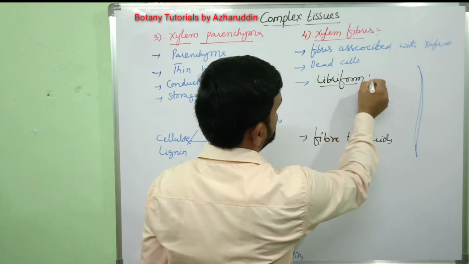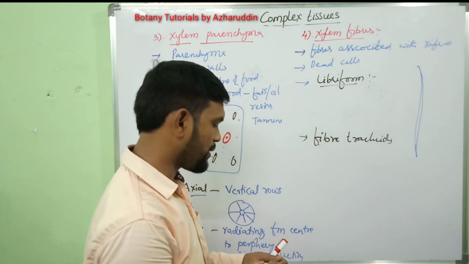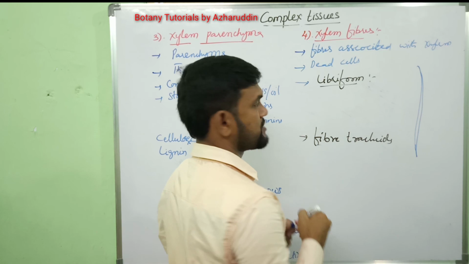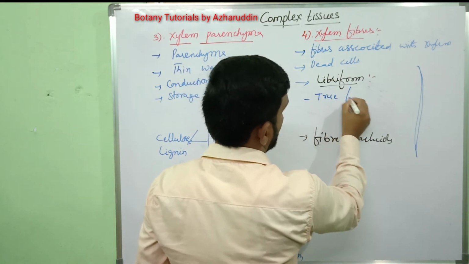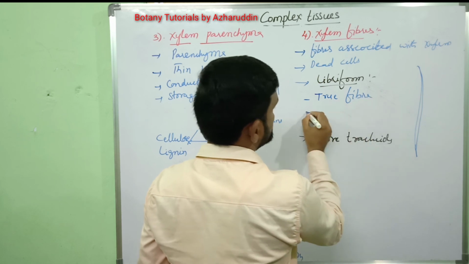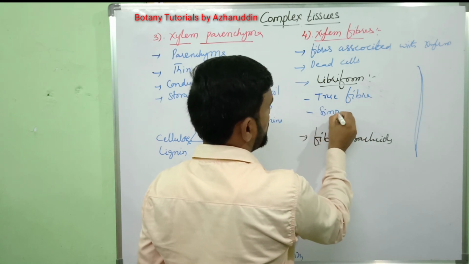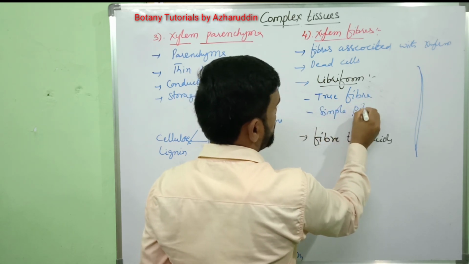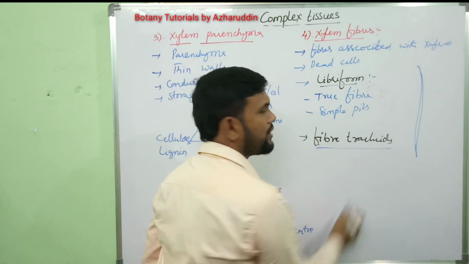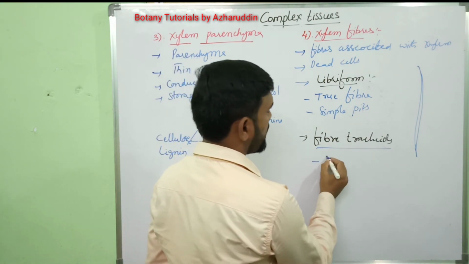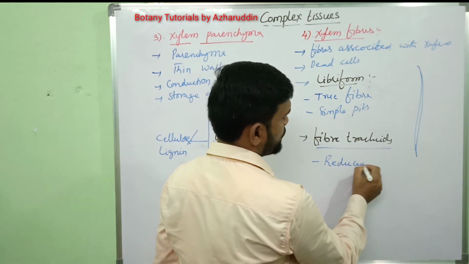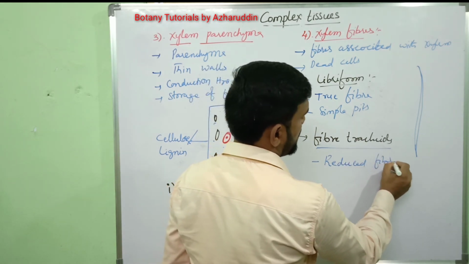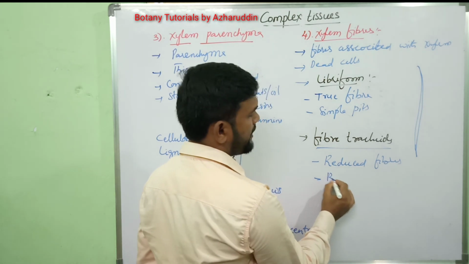Libriform fibers are true fibers and they contain simple pits. Fiber tracheids are reduced fibers and they contain bordered pits.